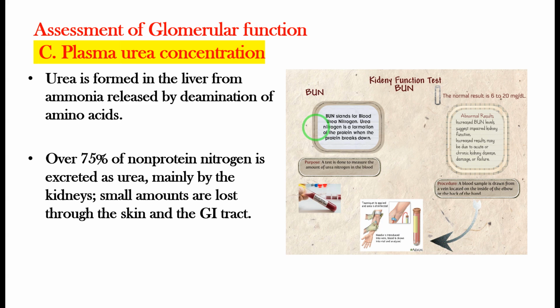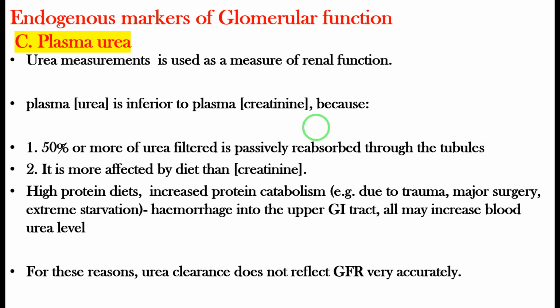It has an extra-renal route of elimination, and in addition, it's highly affected by a protein diet. Any protein diet may lead to an increase in the plasma urea concentration. Even more, the effect is greater on urea than on creatinine level.